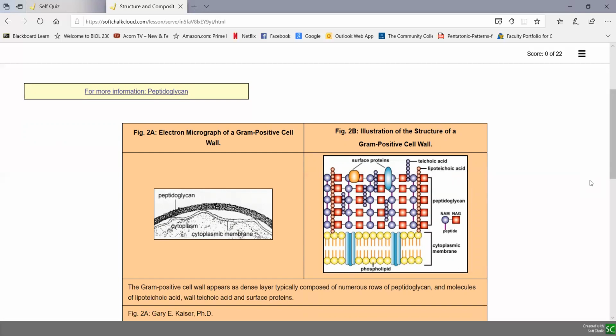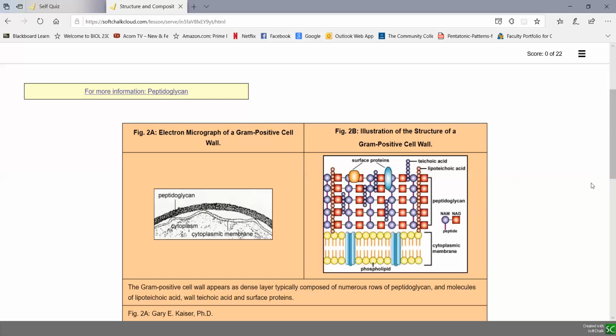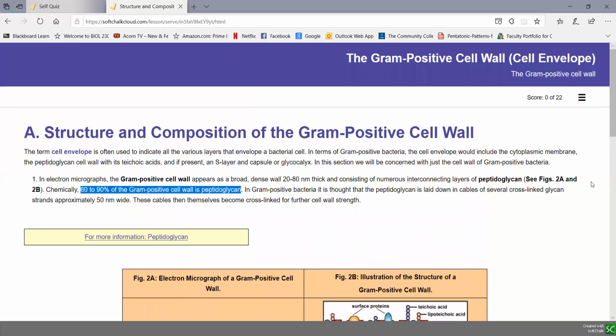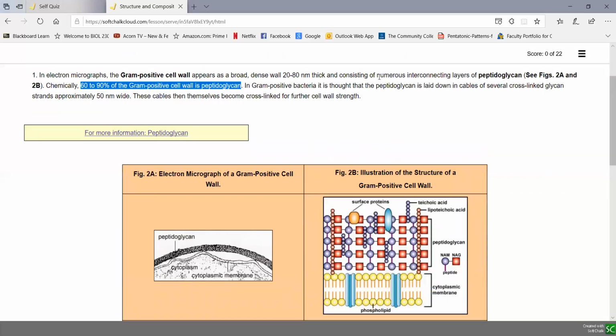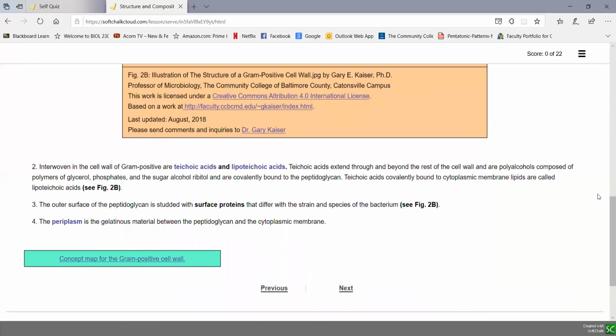And we're also going to see that all bacteria have unique surface proteins, unique to that organism, that carry out various functions. But anyway, that's the thick-looking cell wall consisting of numerous interconnecting layers of peptidoglycan in the gram-positive cell wall.